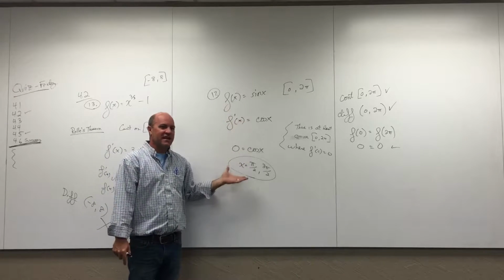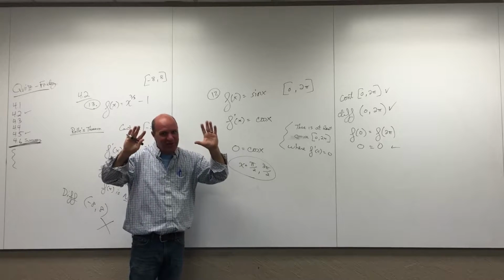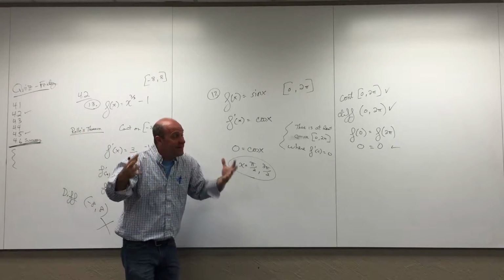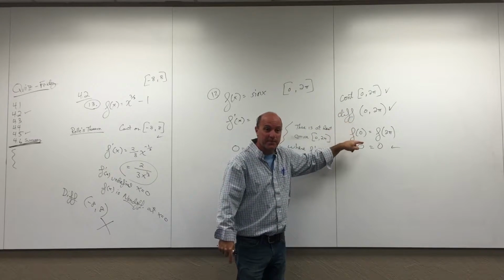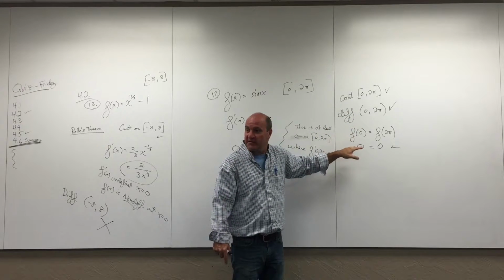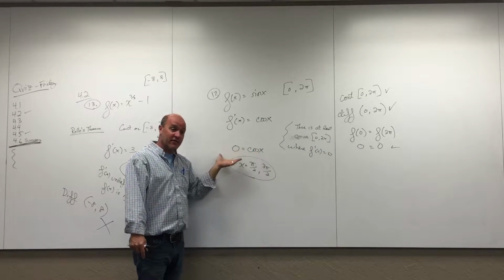Taking the derivative and setting it equal to 0. That's all you're doing, except you got to make sure that you can use Rolle's theorem. You got to meet the criteria, so I had to discuss these things. I passed all these 3 tests, and so now I'm allowed to do Rolle's theorem, which is look for when the derivative is 0.